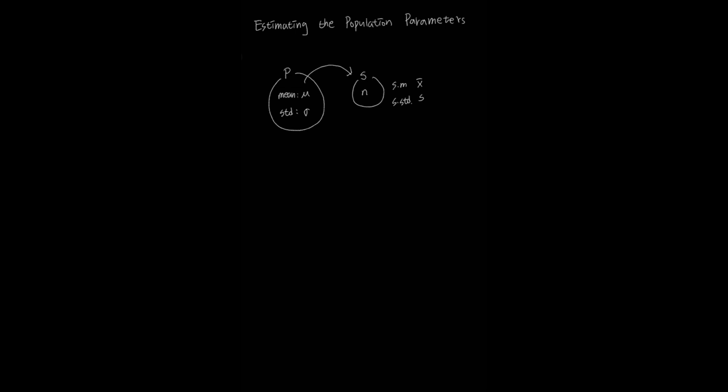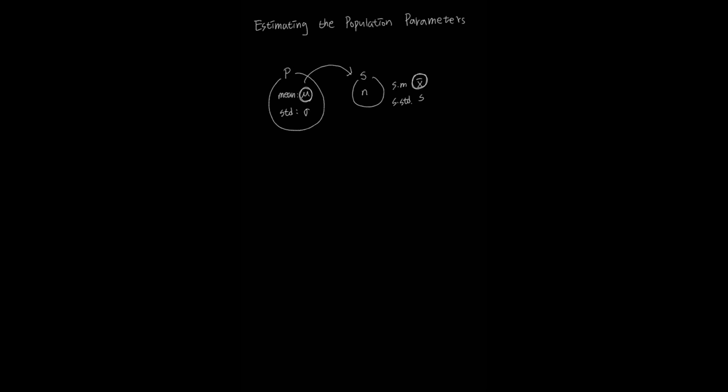Let's focus on the mean here, because we're going to talk about standard deviation too. Let's say we're very interested in the mean of the population. So we want to infer the mean of the population from the information we have of the mean of the sample.